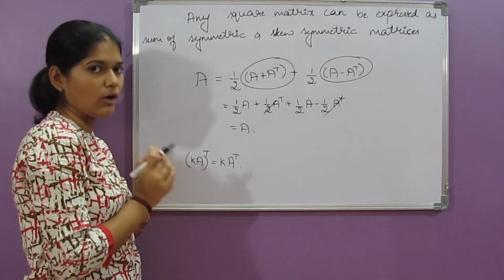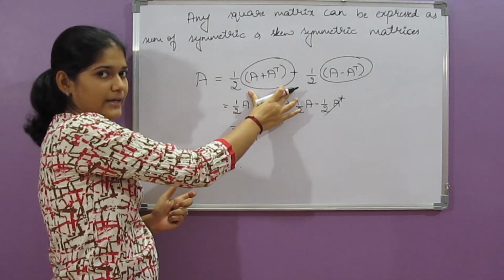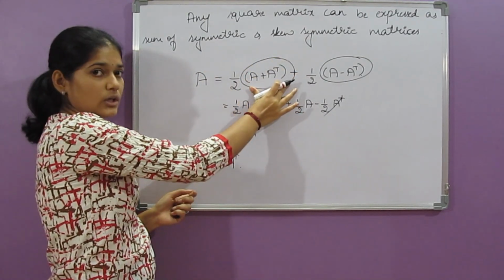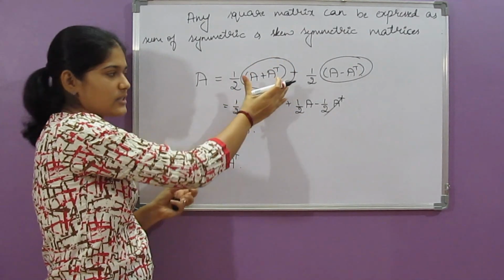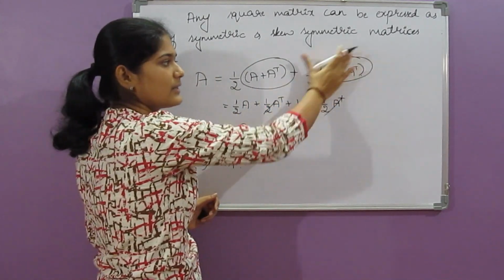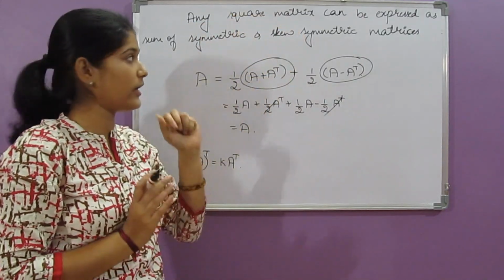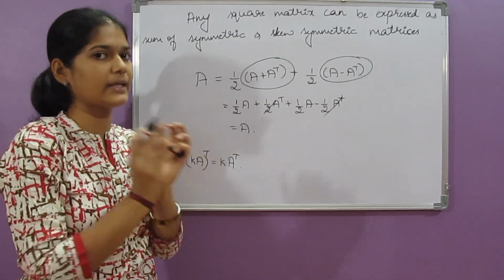This is the property of transpose. So, half into this matrix whole transpose is equal to half into this matrix transpose. We know that this is a symmetric matrix. So the whole thing is a symmetric matrix. Similarly, this is skew-symmetric. So any square matrix can be expressed as the sum of symmetric and skew-symmetric matrices.